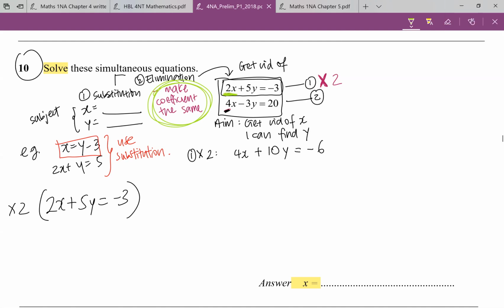So the number beside x, I want it to be 4 also. So if I times 2 throughout, I will get 4x plus 10y equals negative 6. Now I got my new equation, equation 3.